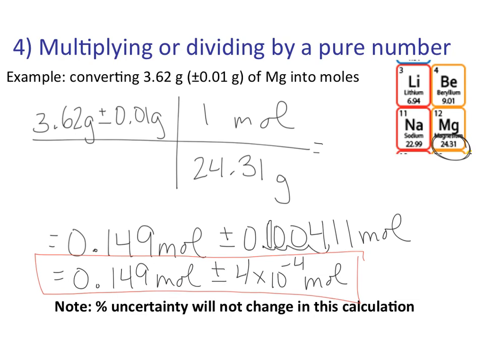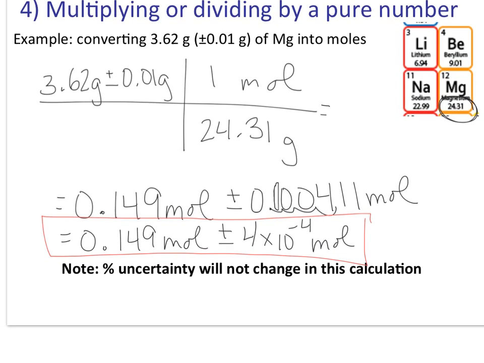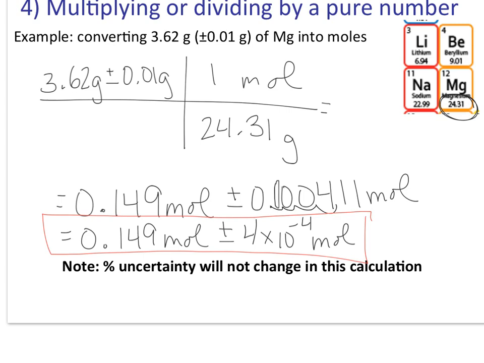And then before we end, looking at this last note here, percent uncertainty isn't going to change as you do this, which means if I were to convert this into a percent and that into a percent, I'm going to end up with the exact same answer. So getting some more room here, let's try it.